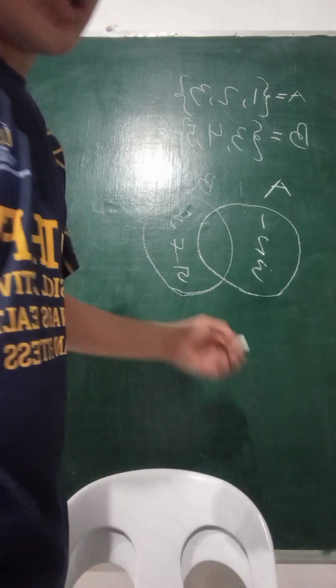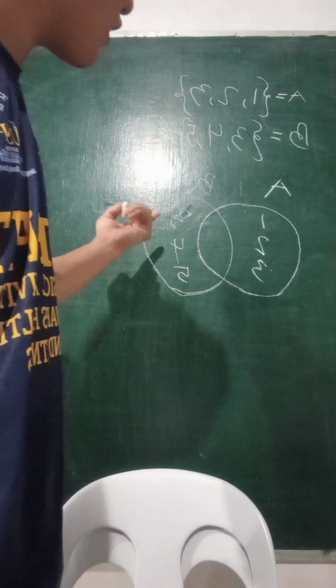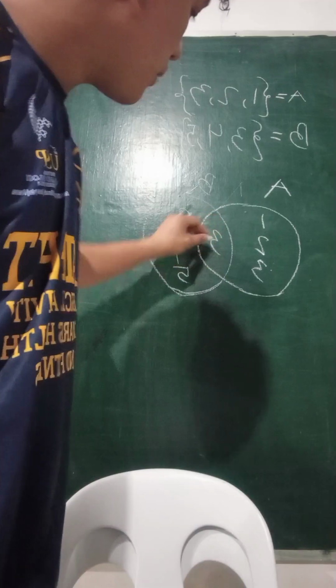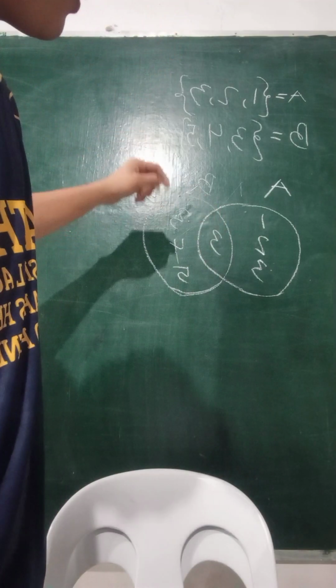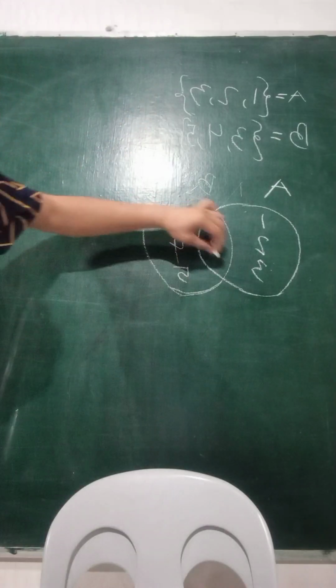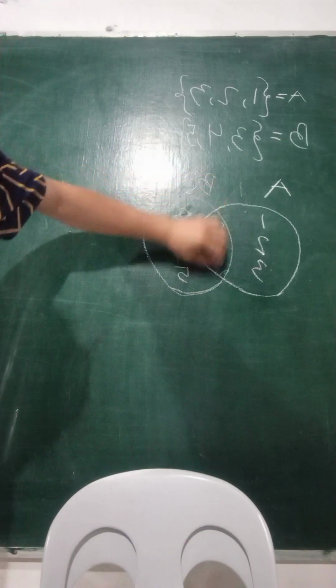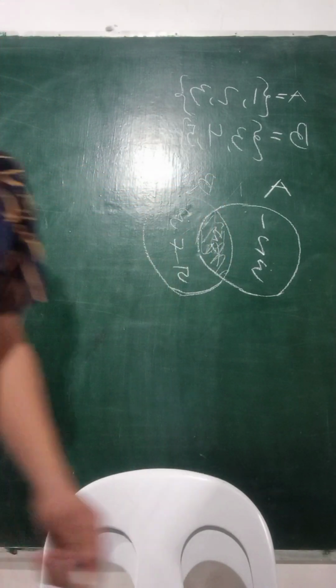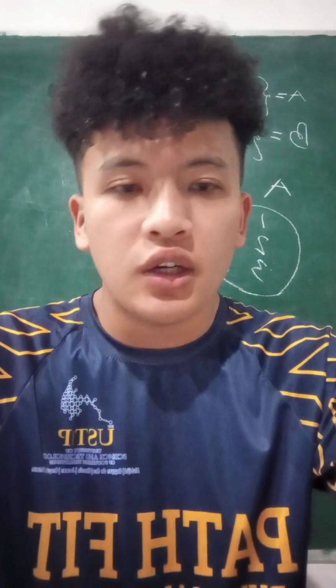Basically, they intersect in 3 because 3 is the common element of both of the sets. So that is the simple discussion about the intersection of sets.